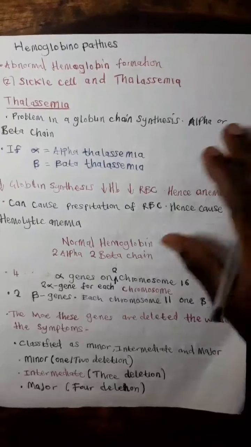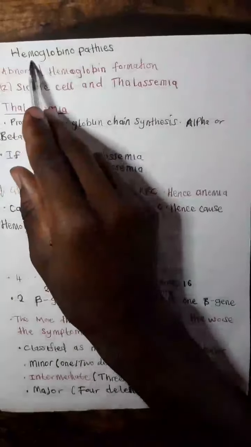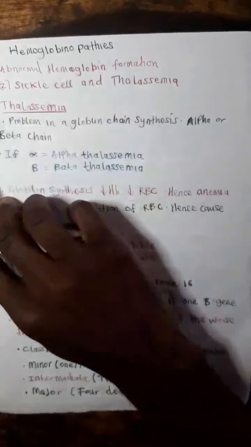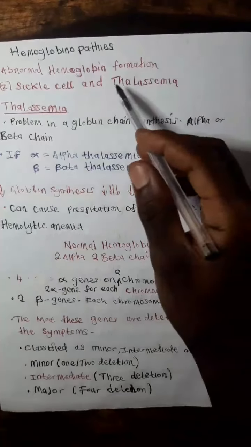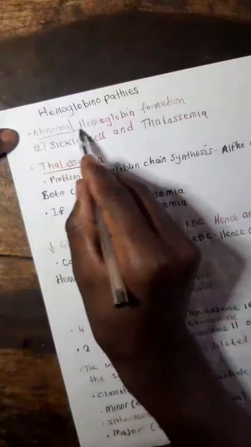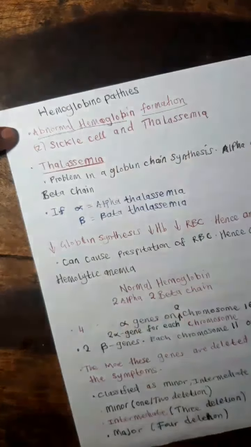Okay, now let us talk about hemoglobinopathies. What is hemoglobinopathies? Hemoglobinopathies simply means abnormal hemoglobin formation.